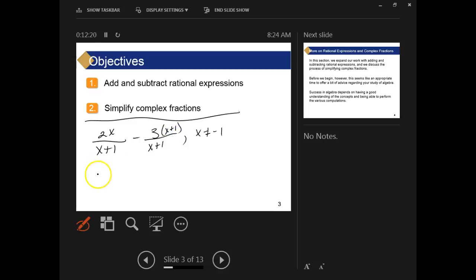So now we got our denominator, x plus 1. What are our numerators? The first one doesn't change. 2x minus 3x, and then minus 3 times 1 is negative 3. Perfect.